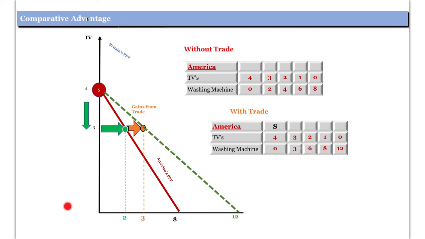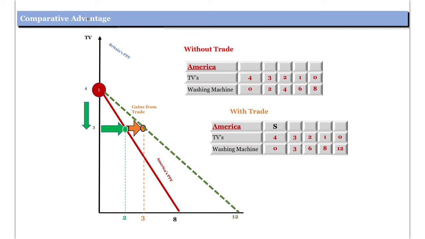In other words, they give up 4 and they end up with 12 washing machines. So you can see that what America is going to do is specialize in washing machines. They are producing on their PPF, but the argument is they can consume by trading beyond their PPF.